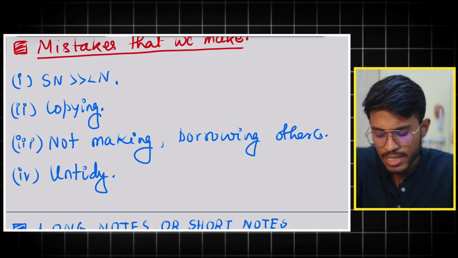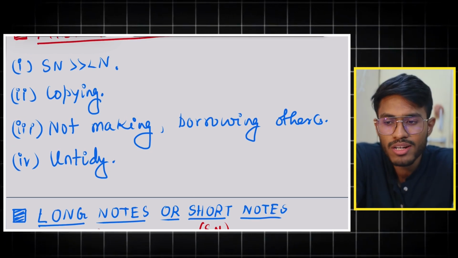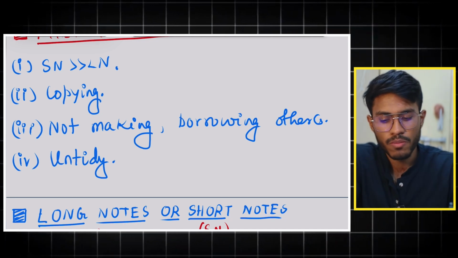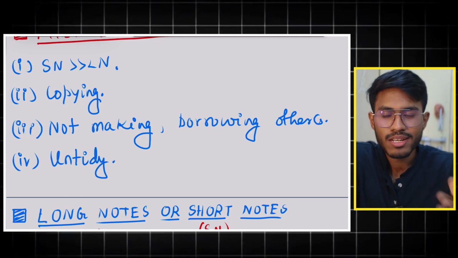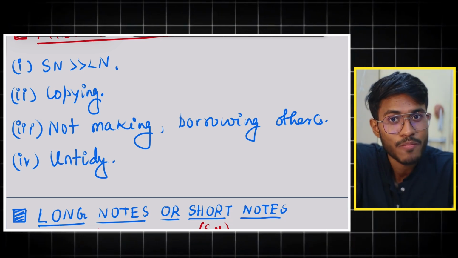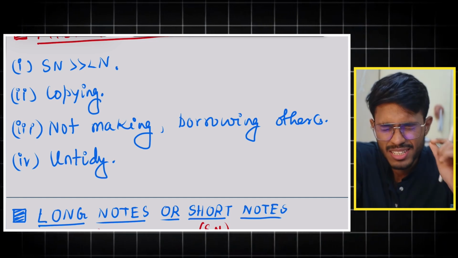The second mistake is copying. When you are watching a lecture, you think, that professor is writing something on the board, I have to write the exact thing. 99.99999% of students write before they understand. That is detrimental.